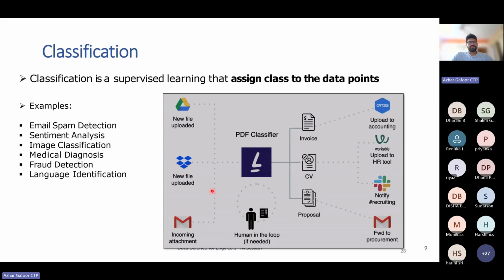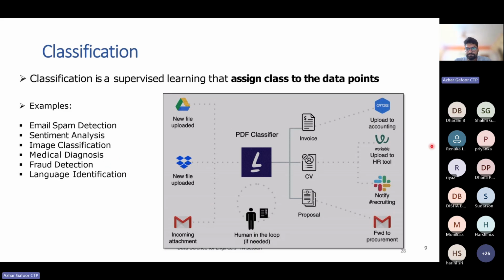Now we'll see the classification problem. Classification is a supervised task where we assign different classes to the data points. Some examples of classification problems are email spam detection, sentiment analysis, image classification, medical diagnosis, fraud detection, and language identification.